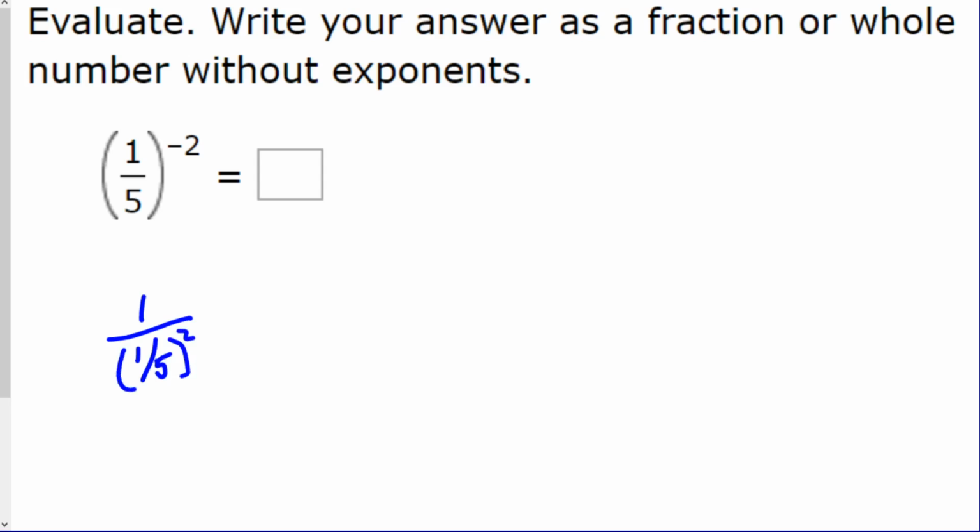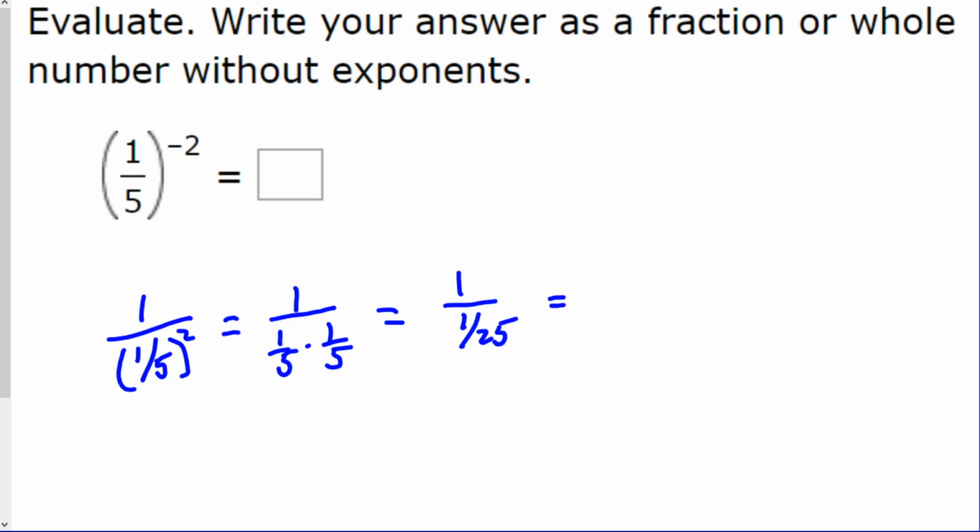This works exactly the same way. As a matter of fact, I'm going to show you both ways. So we're just going to leave the 1 on top. We're not doing anything. 1/5 squared is the same as 1 over 5 times 1 over 5. And we end up with 1 over 25. So we have a whole number divided by a fraction.